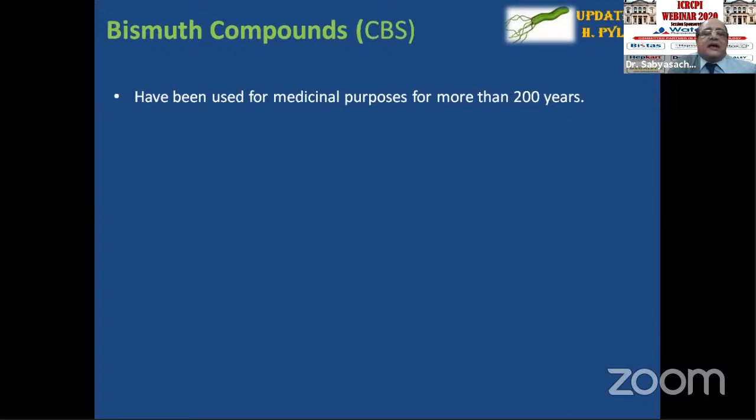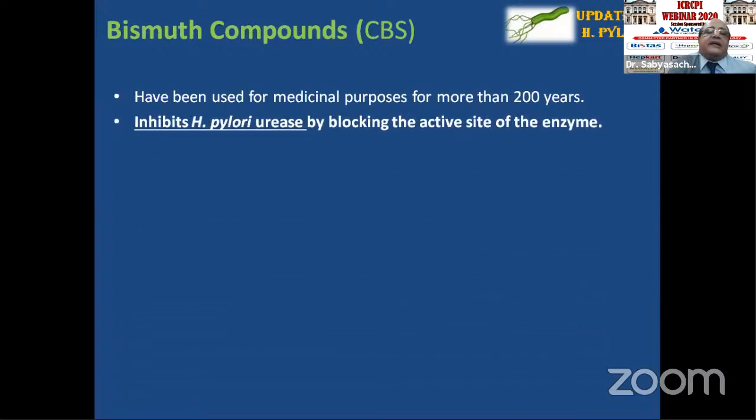Now, this is all about the studies. I will not go into details, but a few words on bismuth compounds, which have been around for more than 200 years and used for medicinal purposes, and particularly since the 1990 World Congress recommendation, are being used quite regularly all over the world.